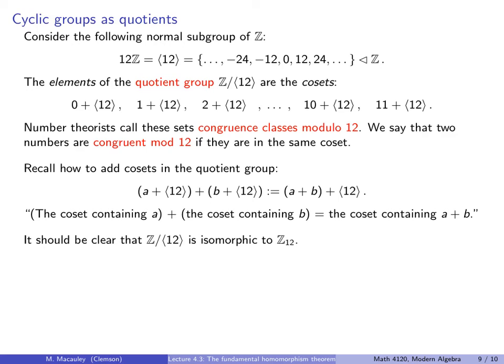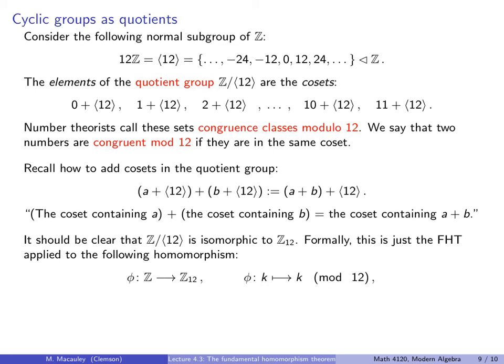It should be clear that Z mod the subgroup generated by 12 is isomorphic to Z12. In other words, this collection of 12 cosets forms the cyclic group Z12.